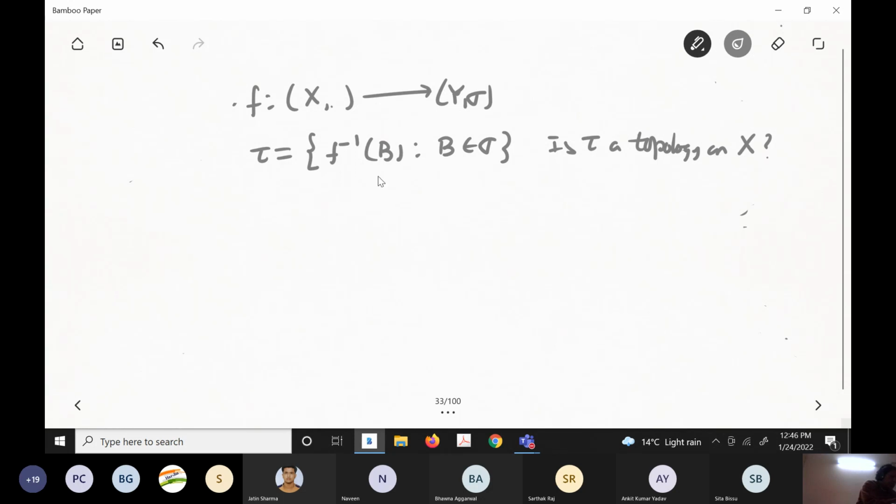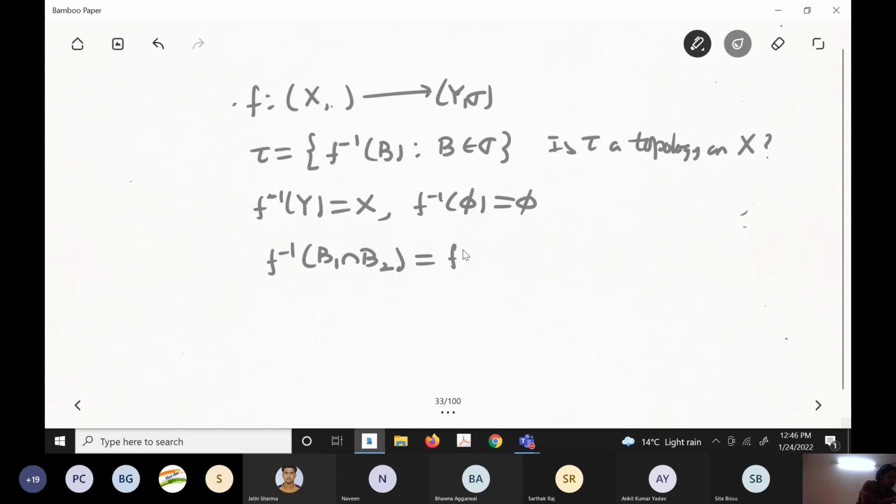Well, look, f inverse Y is X. f inverse phi is phi. And f inverse of (B1 intersection B2) is f inverse B1 intersection f inverse B2. If B1, B2 belong to sigma, then B1 intersection B2 also belongs to sigma, so this belongs to tau.